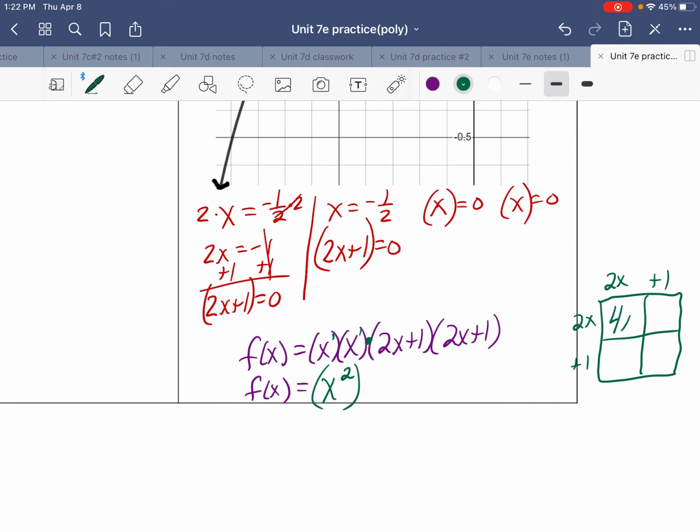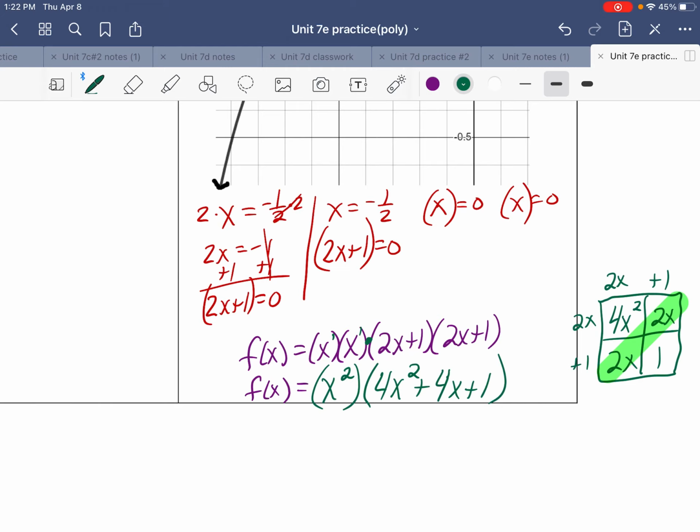So 2x times 2x is 4x squared. 2x times 1, 2x times 1, 1 times 1. Like terms, 2x plus 2x is 4x. So we have 4x squared, plus you have 2 x's and you're adding 2 more x's, so you total have 4 x's.